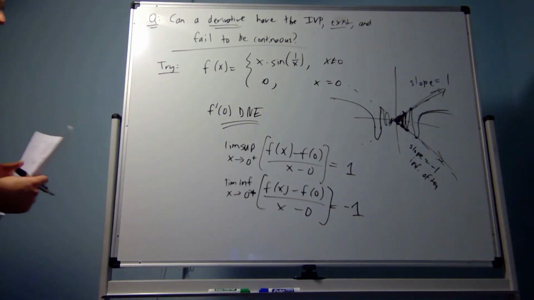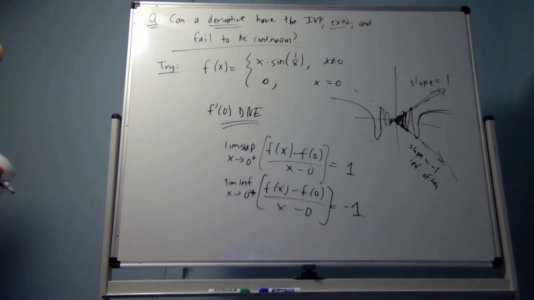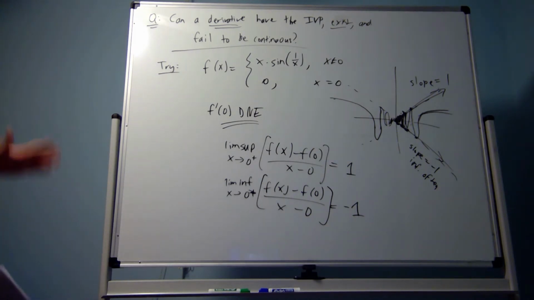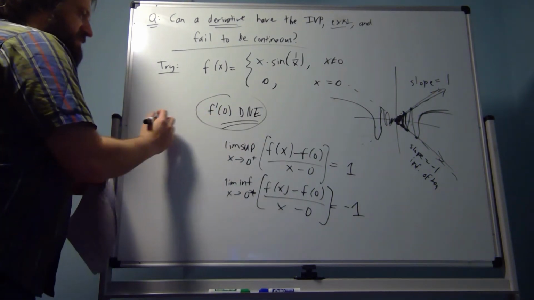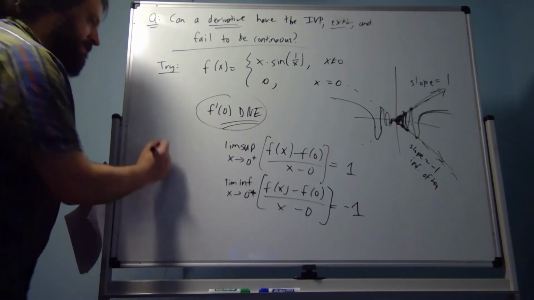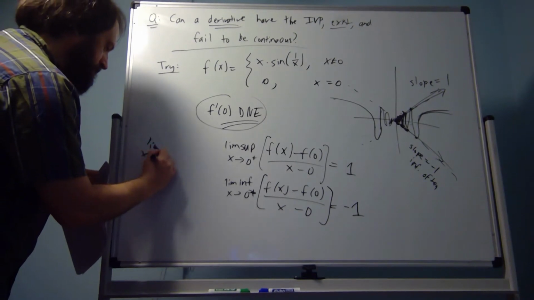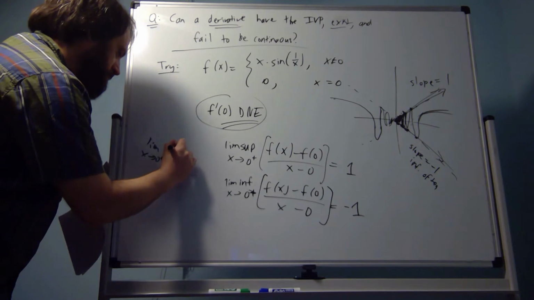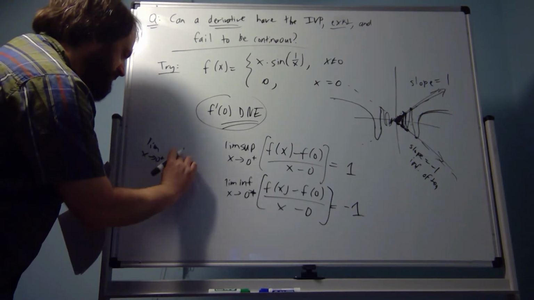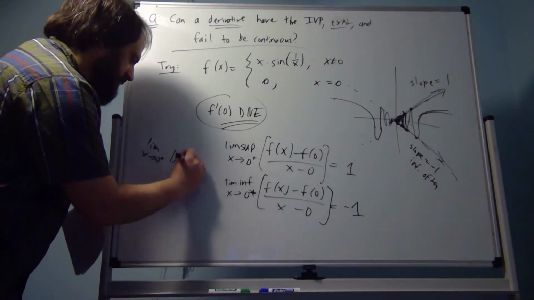And you get -1, and if these two numbers agree, then it's just called a limit, because no matter what, you get the same thing. If they disagree, then the limit just doesn't exist. Okay.